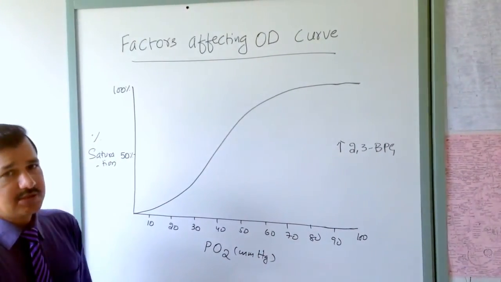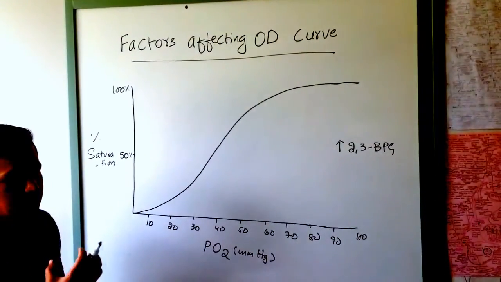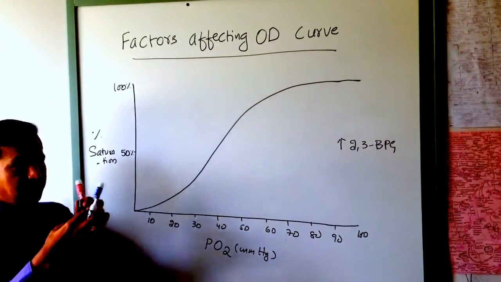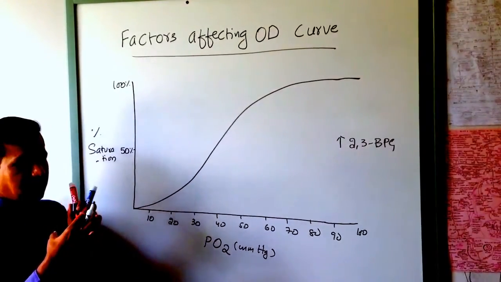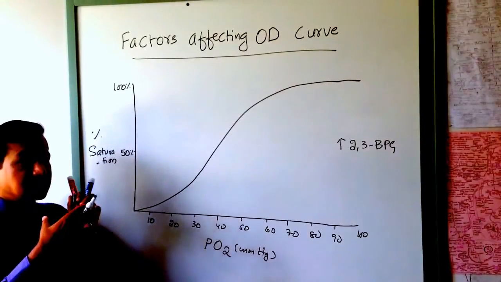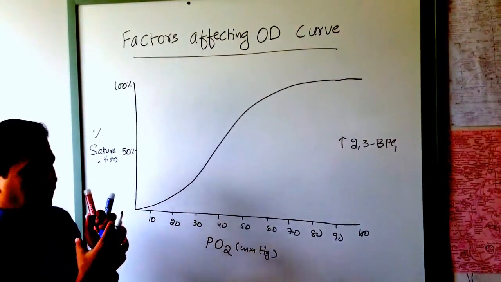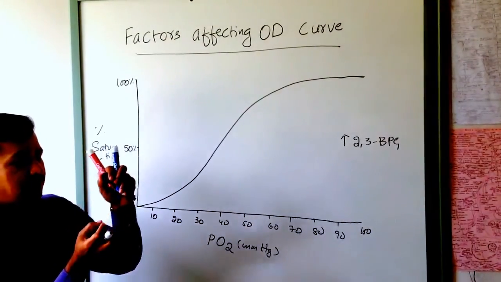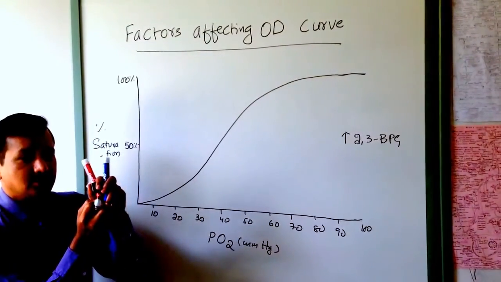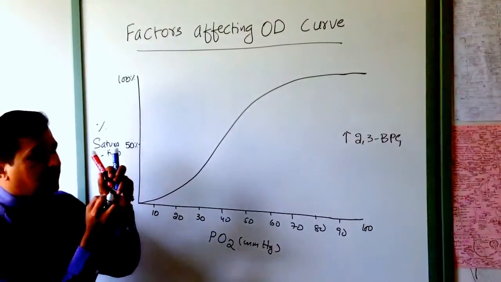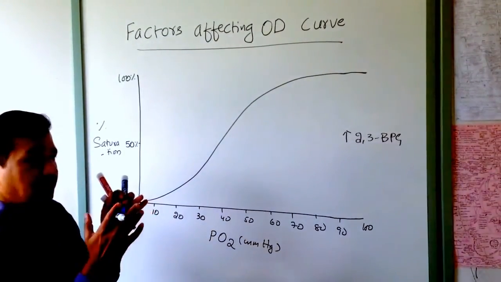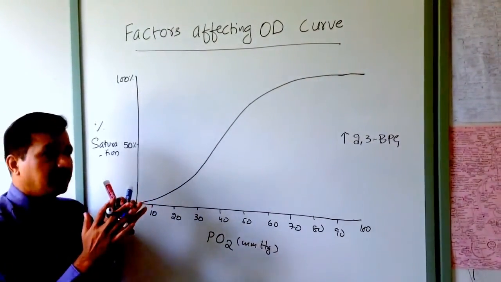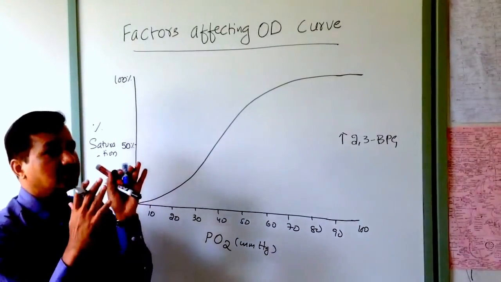This 2,3 BPG will go and bind to the positively charged pocket between the beta 1 and beta 2 chains, and increases the ionic interactions. When the ionic interactions are increased, the dimer 1 and dimer 2 subunits will be holding on together tightly. So basically an increase in 2,3 BPG will take hemoglobin from R state to T state.